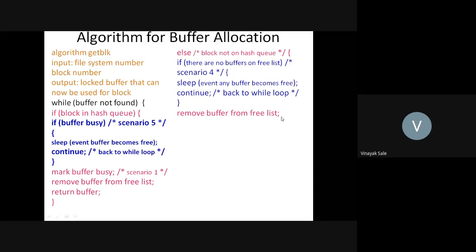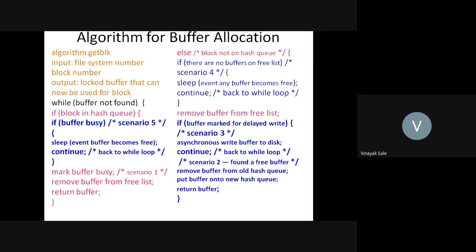So remove the buffer from the free list, and then if the buffer is marked for delayed write, that is scenario 3, write the buffer asynchronously to disk and continue, that is, back again to the while loop.